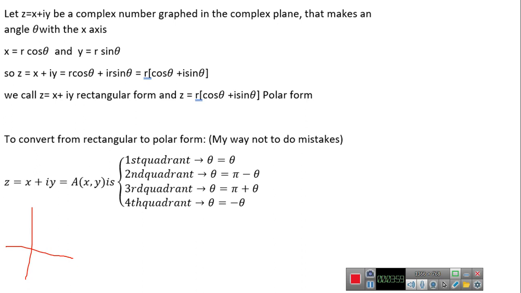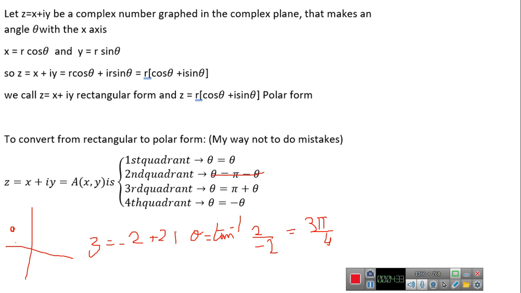For example, z equals minus 2 plus 2i, so directly this is here. If you do theta, which we said is tangent inverse of y over x, you're going to get 2 over minus 2. The calculator will give you directly in the second quadrant 3 pi over 4. So this will be given directly by the calculator.